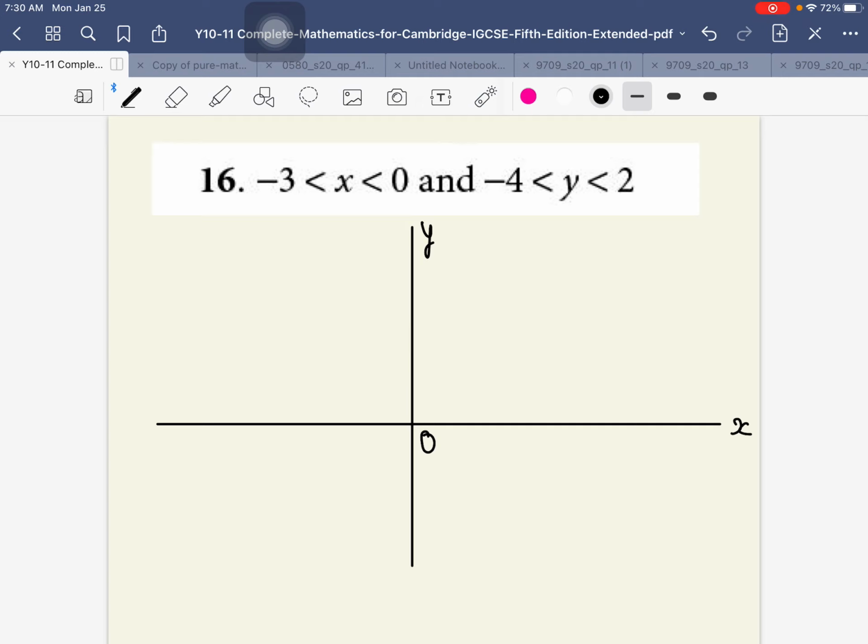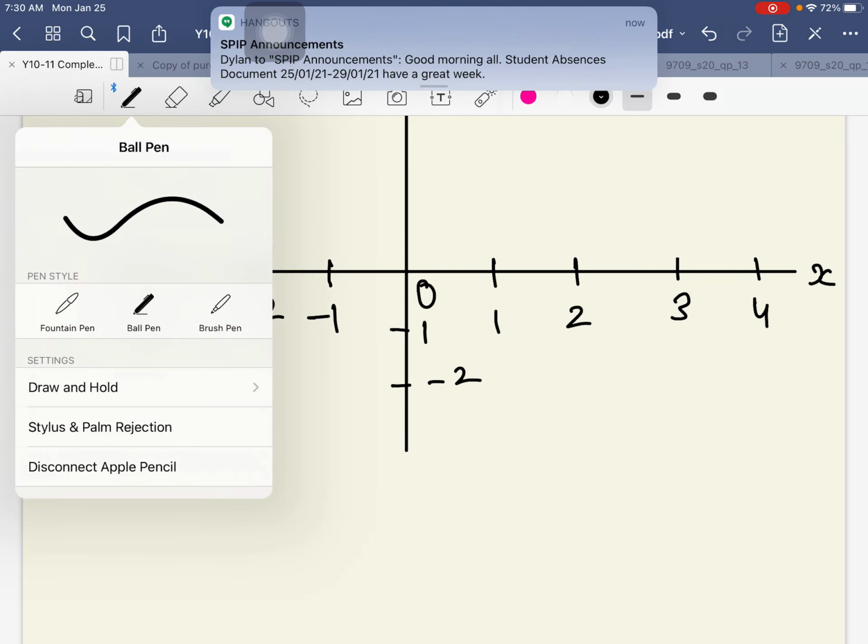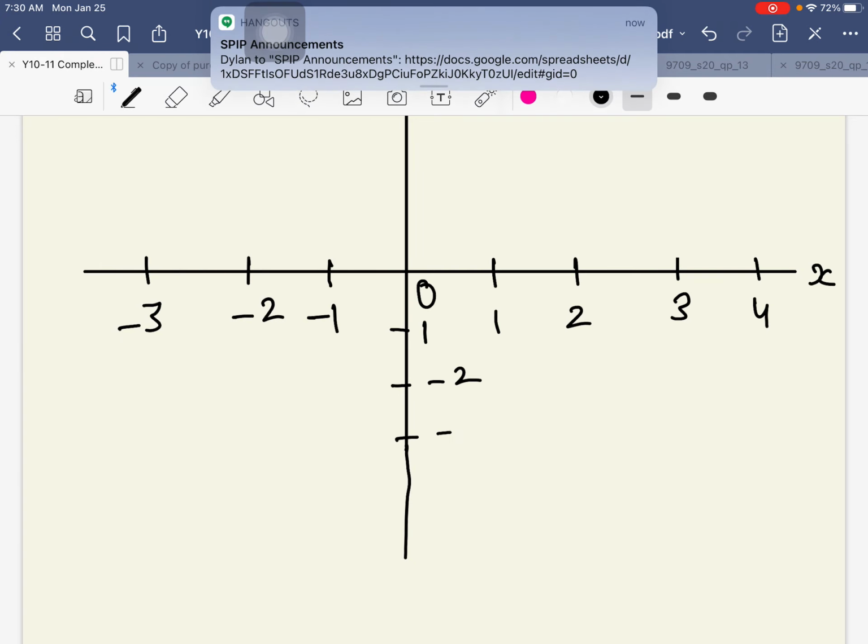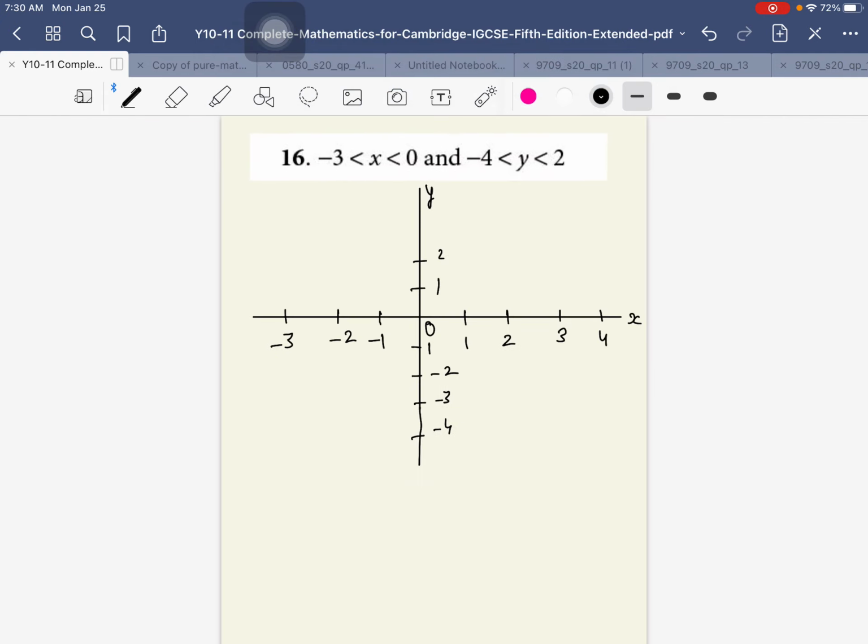So suppose this is -1, -2, -3, and suppose this is 1, 2, 3, or even 4. This is -1, -2. We need a bit longer line here. -3, -4, 1, 2, and 3.